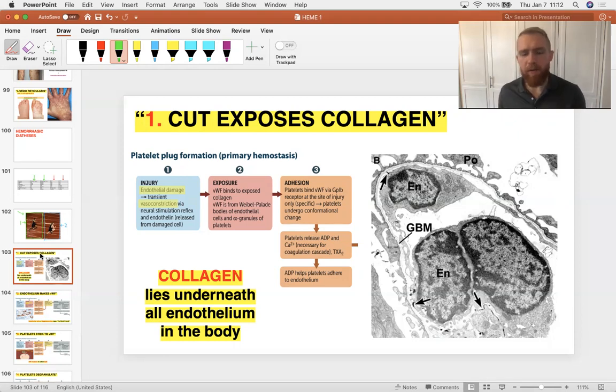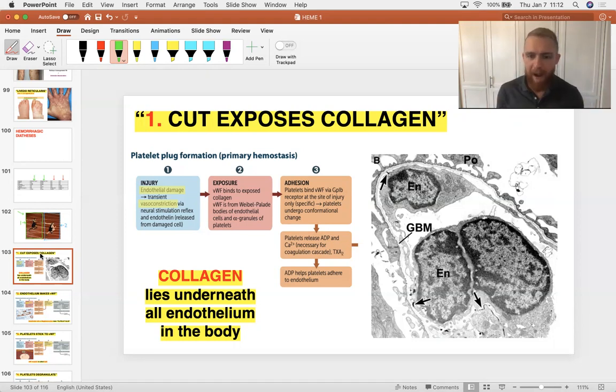And endothelial cells release some vasomodulatory chemicals that are going to vasoconstrict a territory or section of injured vasculature.